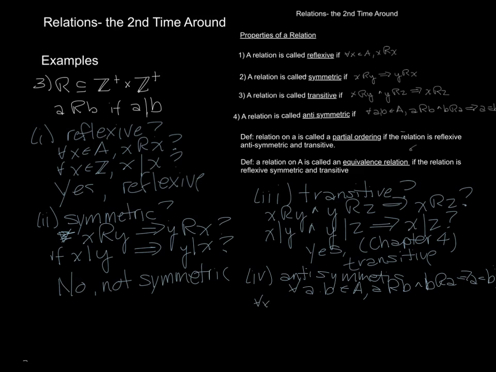So for all x and y in the positive integers, if x divides y and y divides x, does that imply x equals y? And this is true for the positive integers. So it is anti-symmetric.